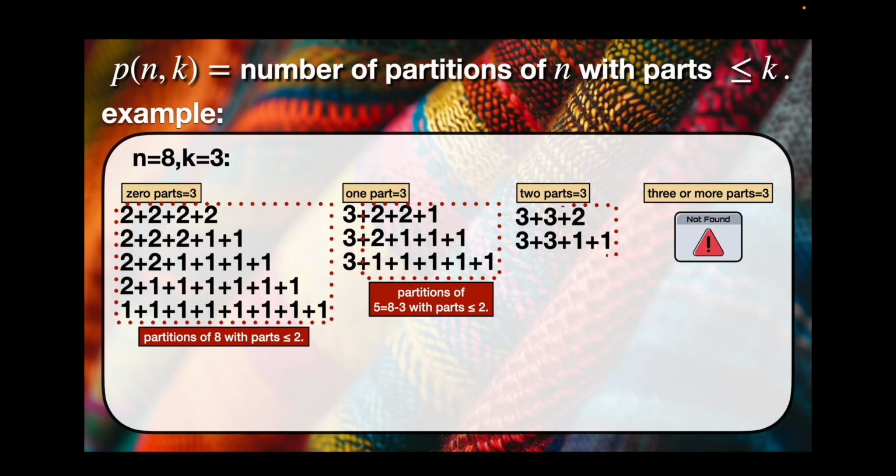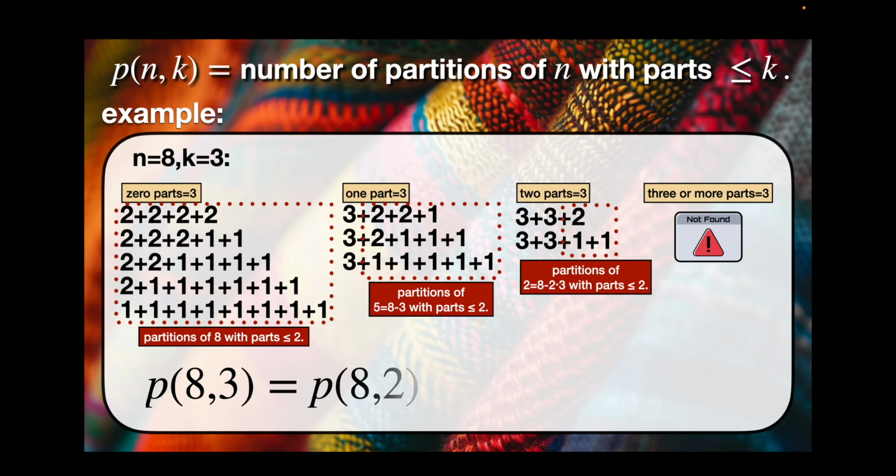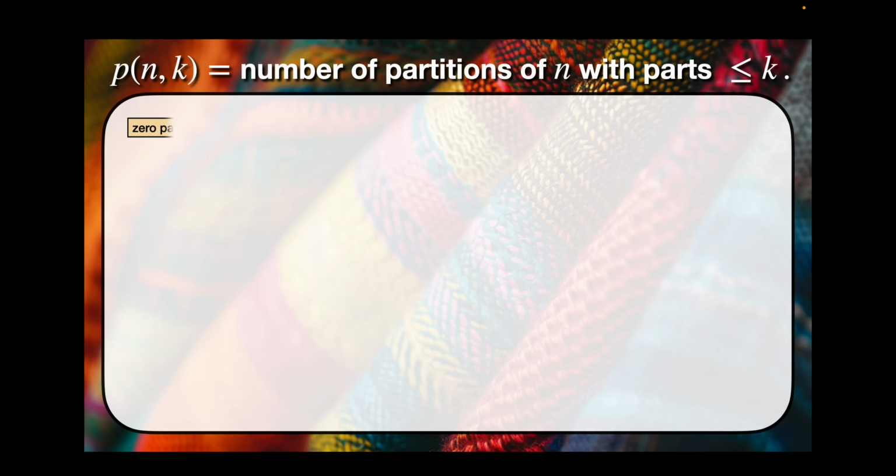And then finally, if we have 2 parts equal to 3, we're really looking at partitions of 2. That's 8 minus 2 times 3. So partitions of 2 whose parts are less than or equal to 2. Now that gives us, like I said, a nice recursion. So we've got p of 8, 3 is equal to p of 8, 2 plus p of 5, 2 plus p of 2, 2. Now, of course, we'd like to have something a little bit more general in this.